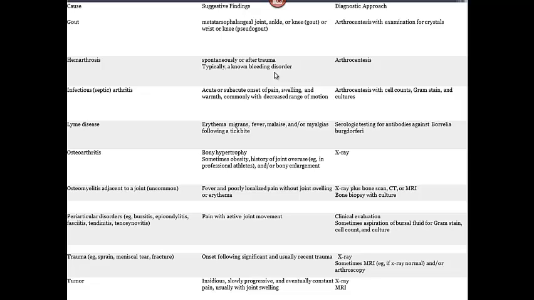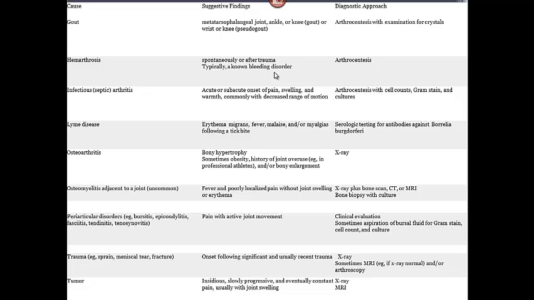Also with passive range of motion, the point tenderness and sometimes swelling is associated with the disease. And how do you diagnose this? Basically by clinical evaluation, and also you could do gram stain culture in the synovial fluid.